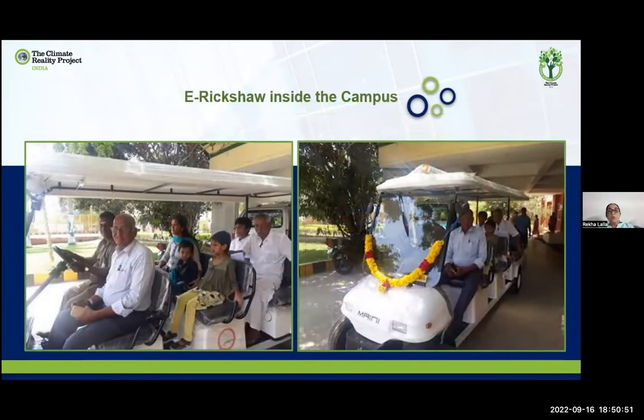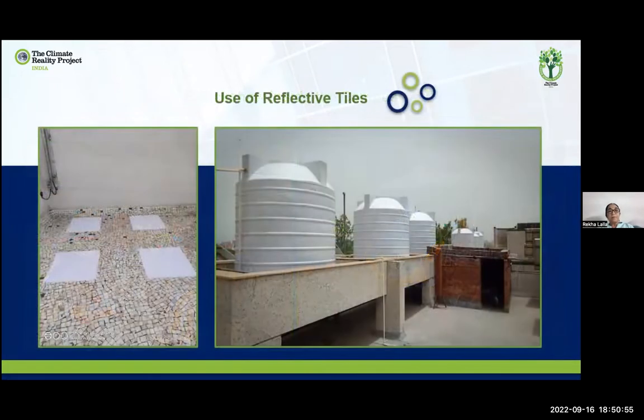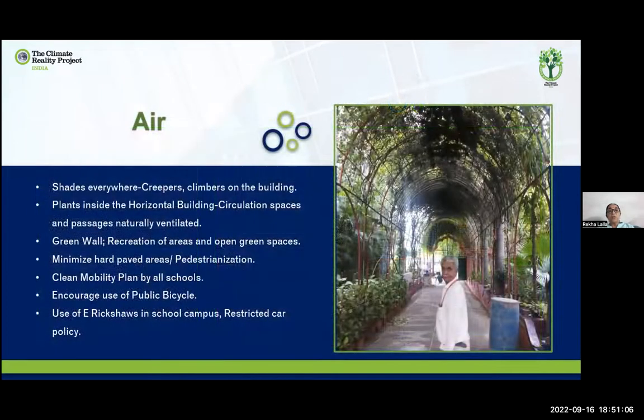This school has a huge campus, so they have installed e-rickshaws for the campus. And the reflective roof tiles, they have painted white. Even the syntax tanks are painted white, so these are small changes. And if you see the creepers and climbers on the building, all 4 buildings, good circulation can be done.